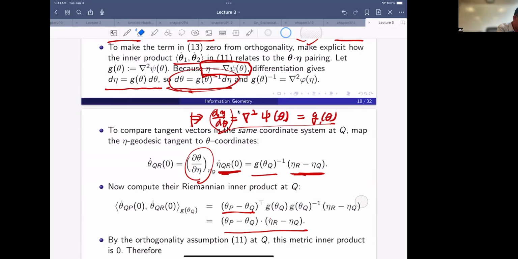Let me say it again. This is essentially a definition, right? I mean, how you define this inner product using a metric G. So you have this guy, and this is one vector. This is another vector.